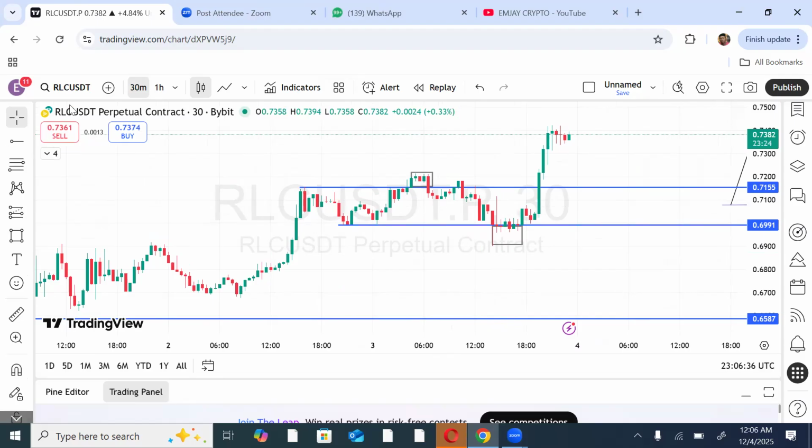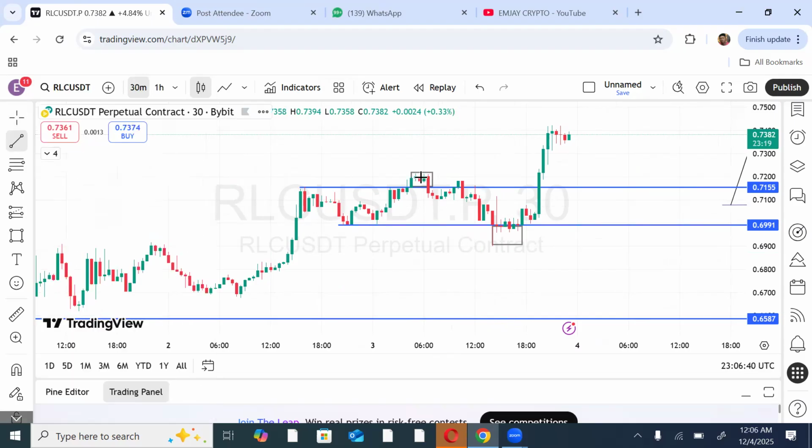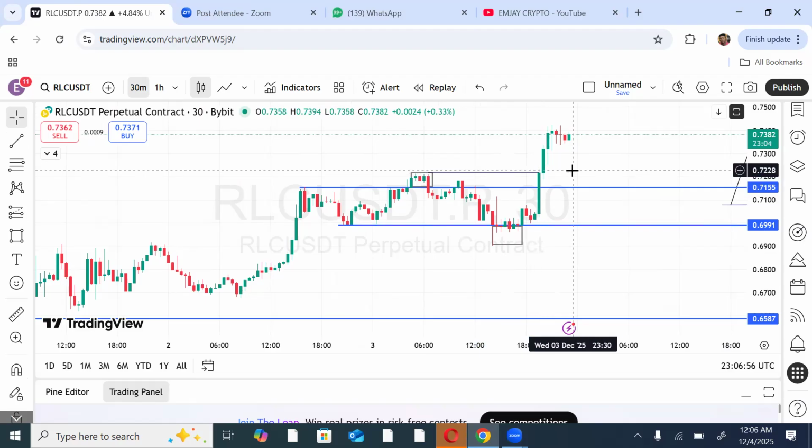Now you see how price breaks structure. You see how price breaks structure in a very mature way.